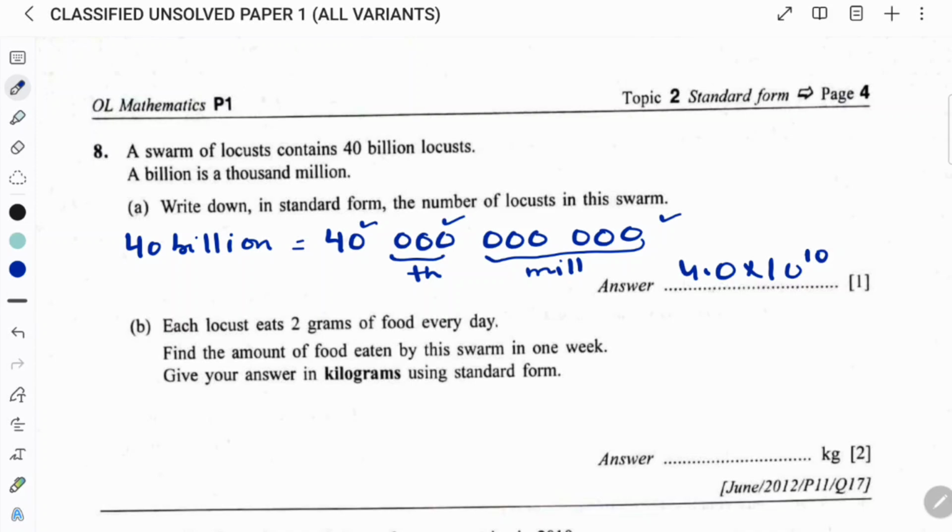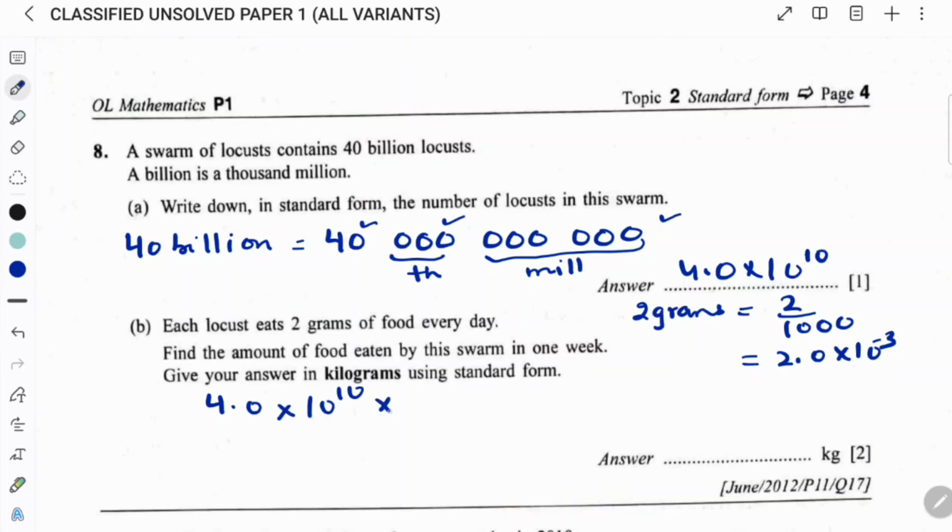So again we are going to change the units. 2 grams changed into kg is 2 upon 1000, that is 2.0 into 10 to the power minus 3. They are asking for 40 billion locusts, so 4.0 into 10 to the power of 10.